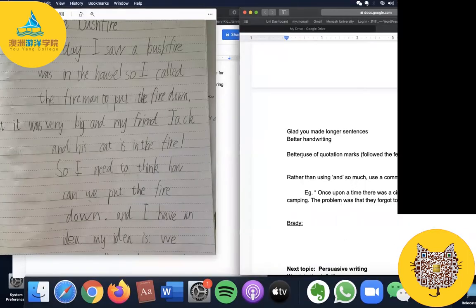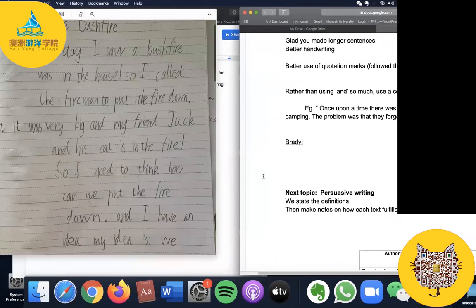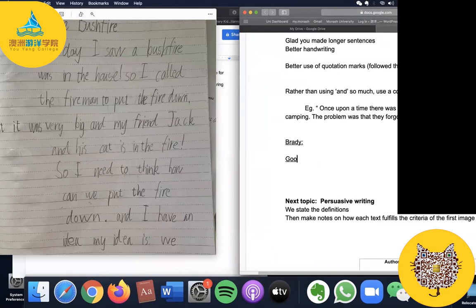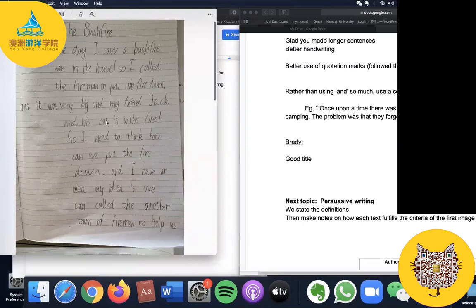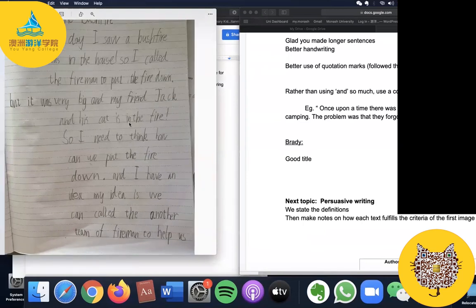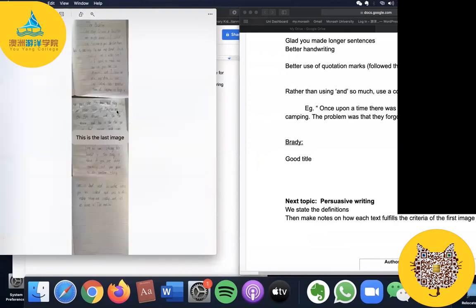All righty, let's see how you did. The bushfire. Title: One day I saw a bushfire. I saw a bushfire was in the house. So I called the fireman to put the fire down, but it was very big. And my friend Jack and his cat on the fire. Okay.